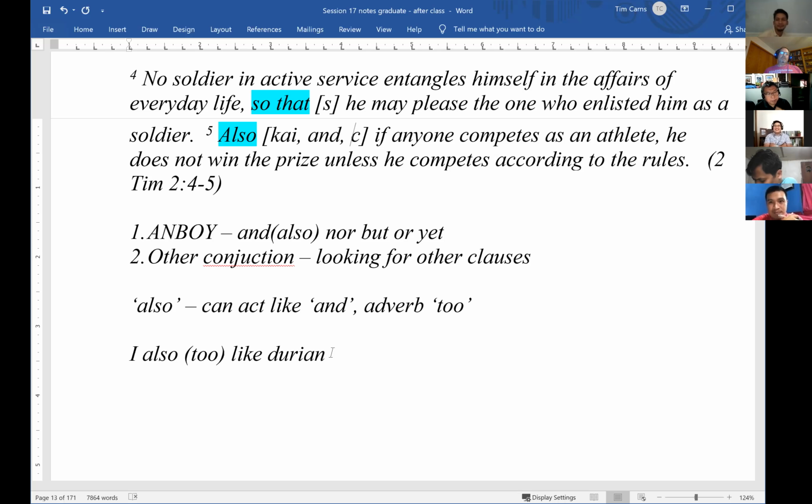How would we know that this word "also" is a conjunction here? And how would we know that it's a coordinating conjunction? What do you think? Yeah, Pastor Tim, it is followed by a clause. So it is a conjunction.